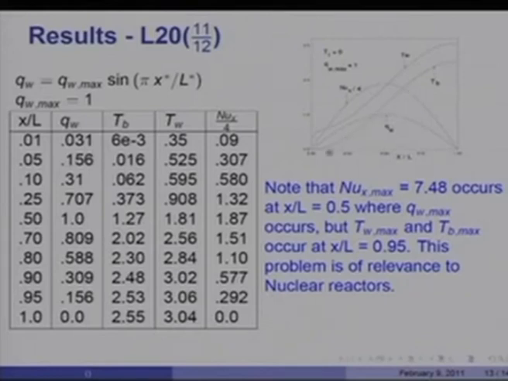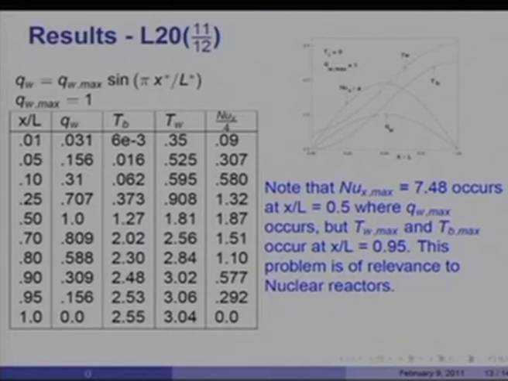But earlier it is nonlinear, and so also towards the end it is nonlinear. Most importantly, see how the wall temperature varies. The wall temperature increases from there, it changes the slope a little bit and then rises again to that value.